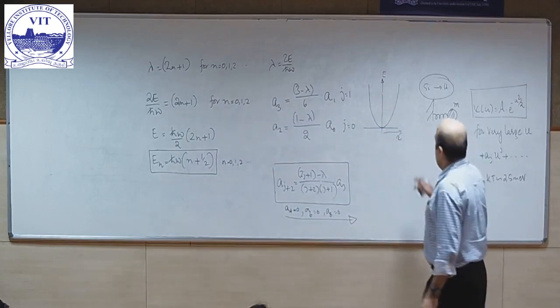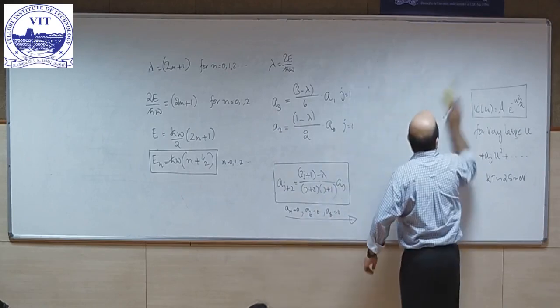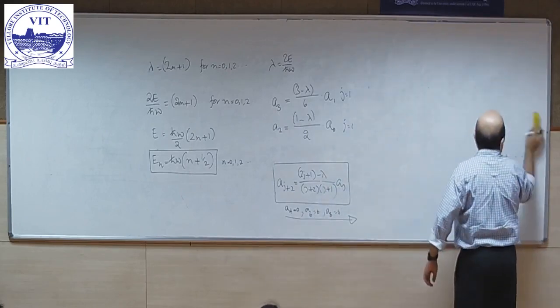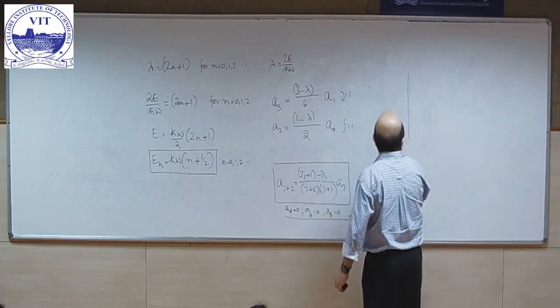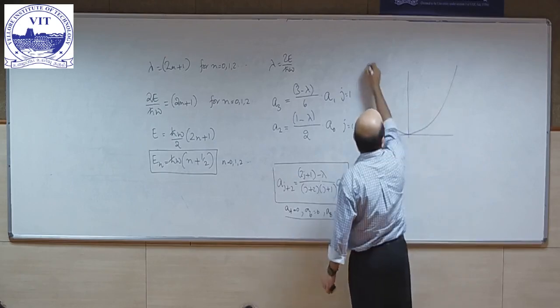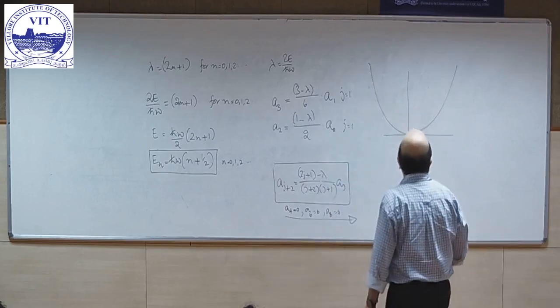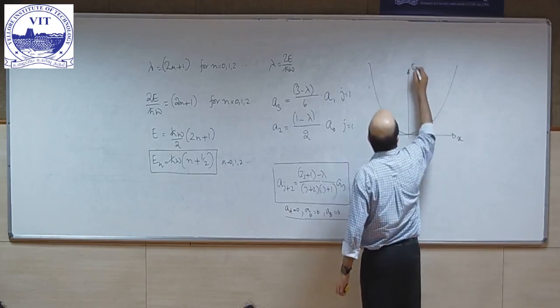Okay. So while in the classical ideas we had continuous energies for all the values of x, half kx square, for example. So if you consider this harmonic oscillator, I hope this is symmetric. This is x, this is my energy.